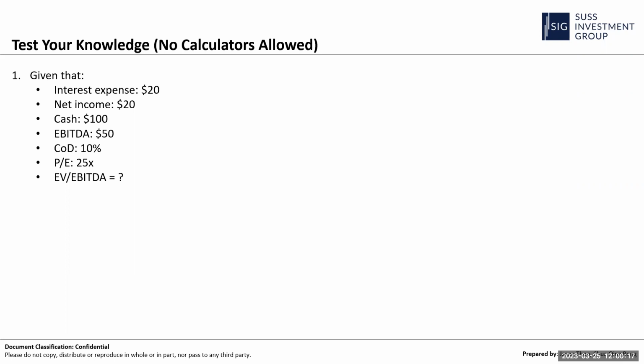Okay, so now your equity value is 500, and then you take plus 200 minus 100. So your enterprise value is 600. Now you got your enterprise value. What is your EV/EBITDA? Yeah, so your EV/EBITDA is just 600 over 50, equals 12 times.